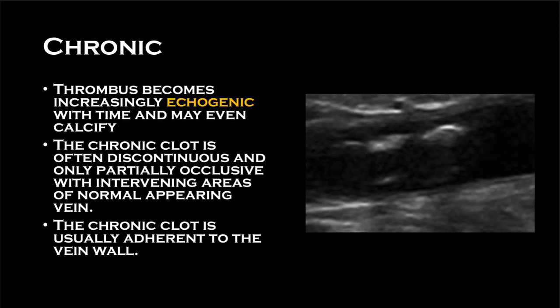It's important to mention that DVT can be very slow to resolve, and you'll read some places that you can have residual thrombus in up to 50% of patients up to a year out. So it can really linger around for a long time.